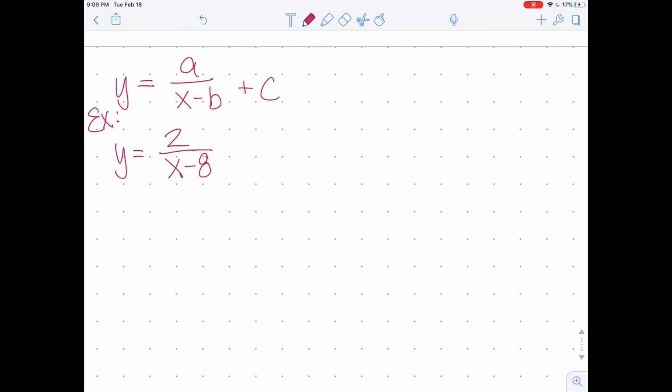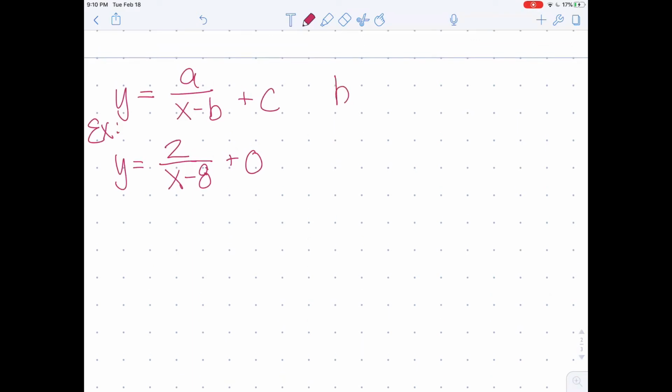Okay, great. Now, what we know, because it's in the form y equals a over x minus b plus c, now keep in mind there's just an imaginary plus 0 out here, b and c are x and y asymptotes.